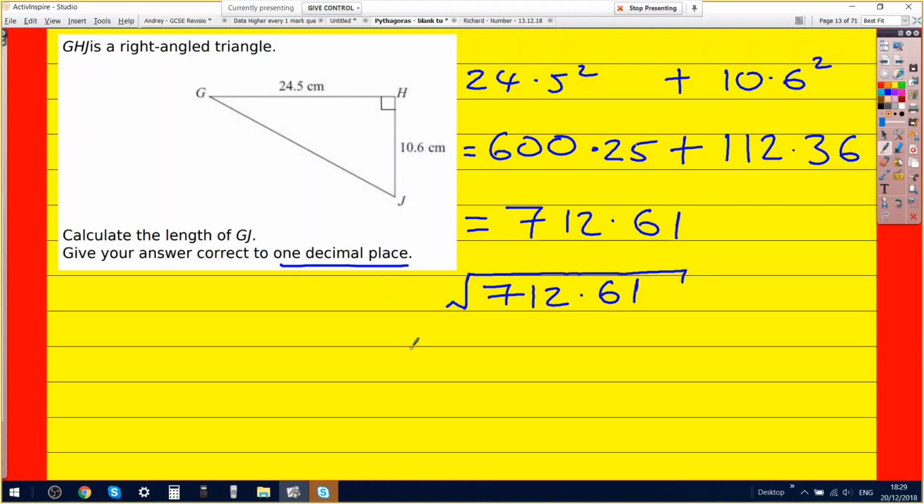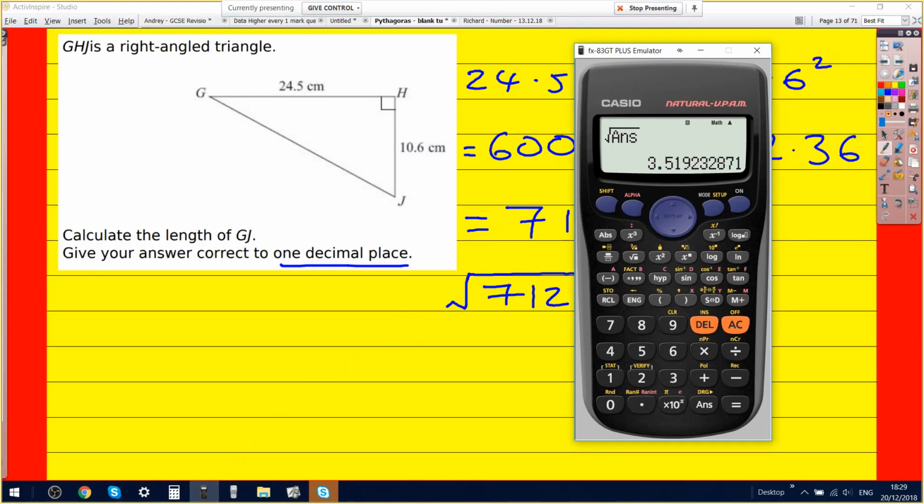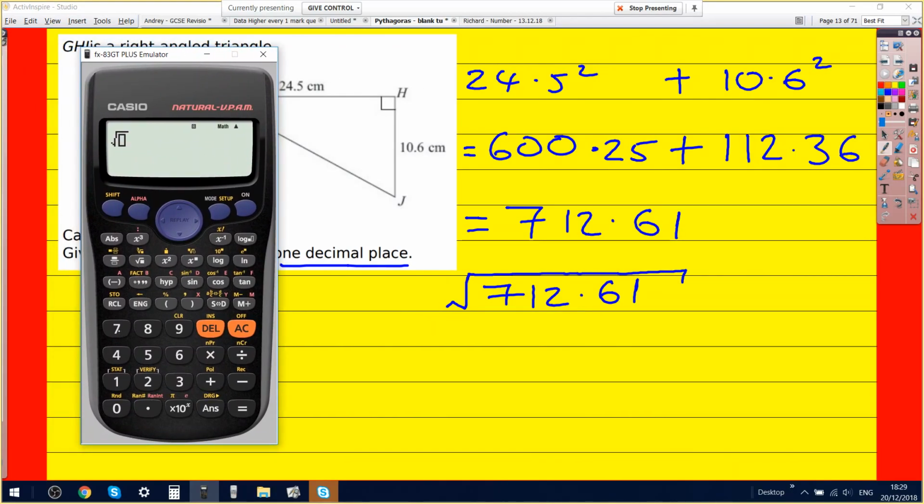And they want it to 1 decimal place. So is that the square root of 712.61?